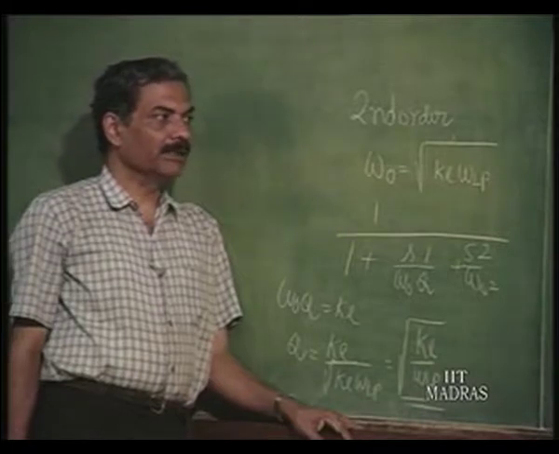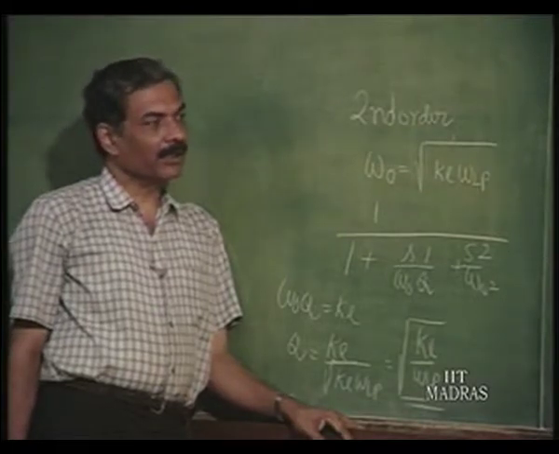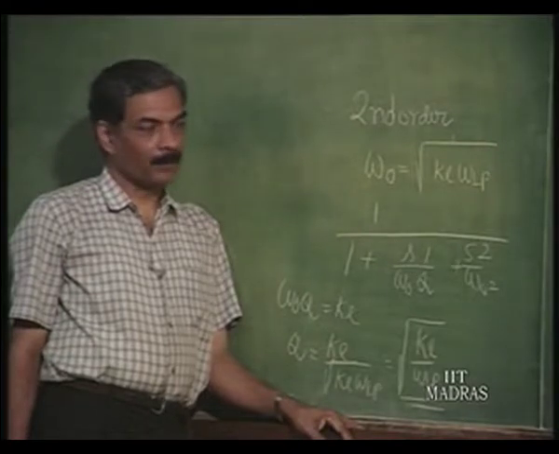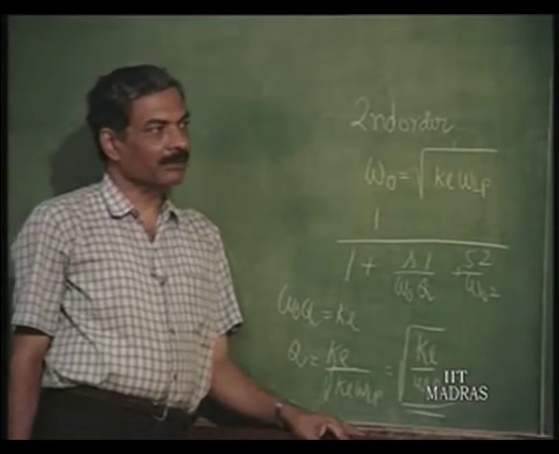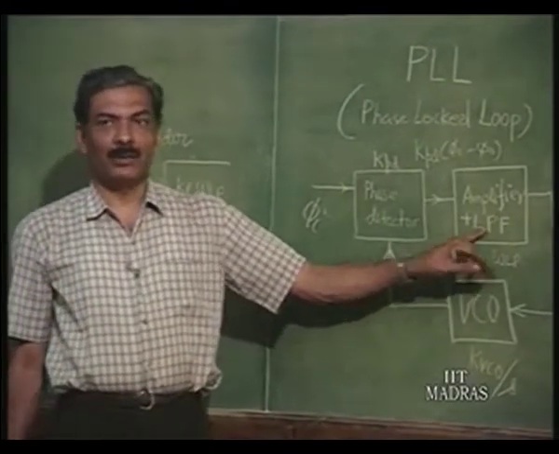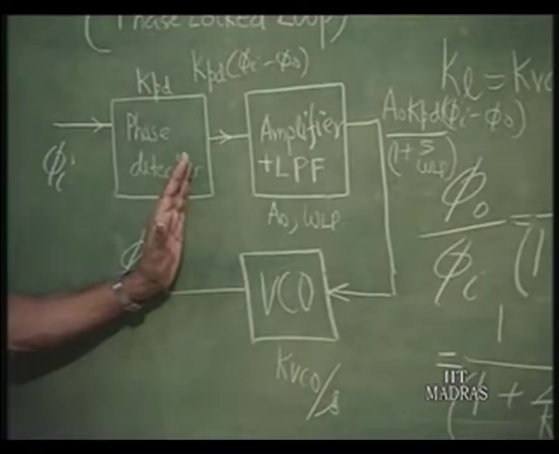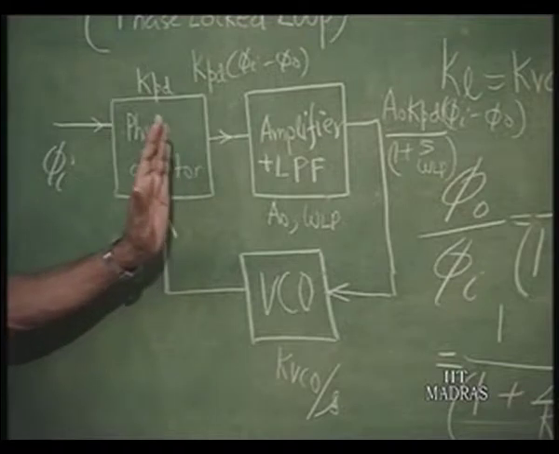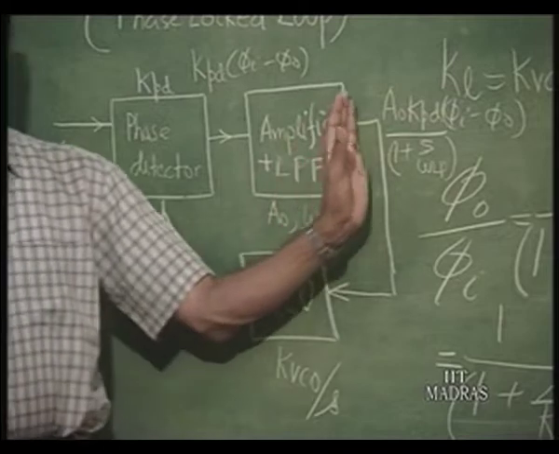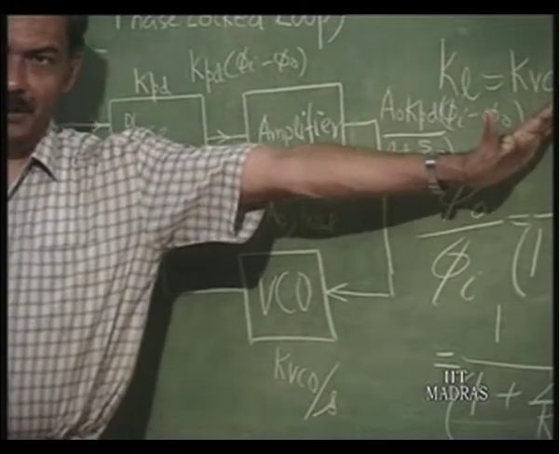I am stressing this because additional phase shift within the loop will make it unstable, and therefore we have to be extremely careful not to put anything other than a first order low pass within the loop. If you want to filter it better, you must not put it within the loop, you must always put it outside the loop.